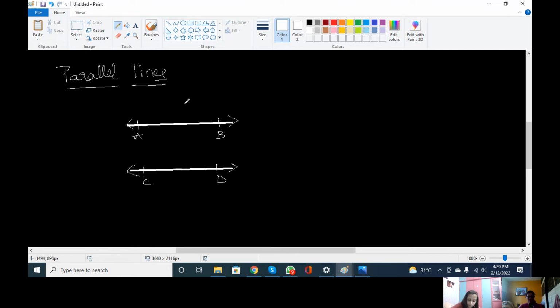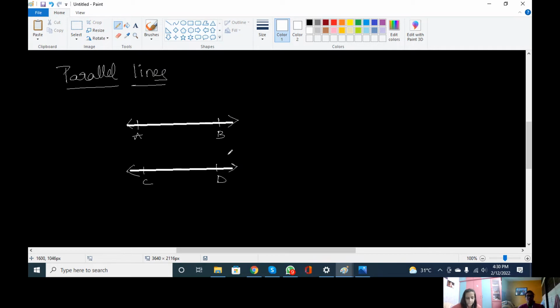These two lines lying on the same plane and they do not intersect anywhere. See, this B has a scope of extending right side like this, and even D has a scope of extending right side. But even though they extend it, however many meters of distance, they never meet each other. They never intersect each other.